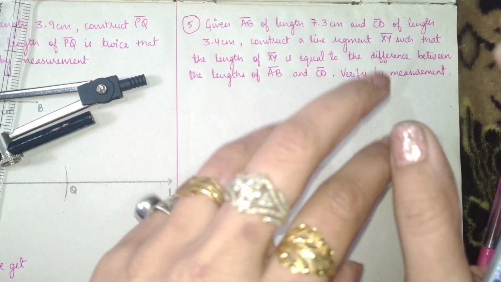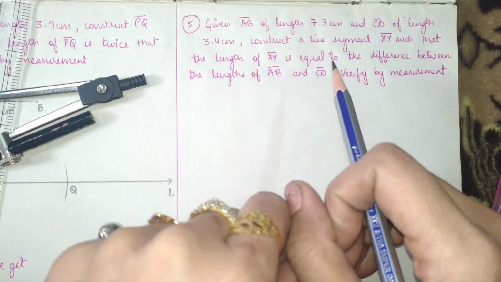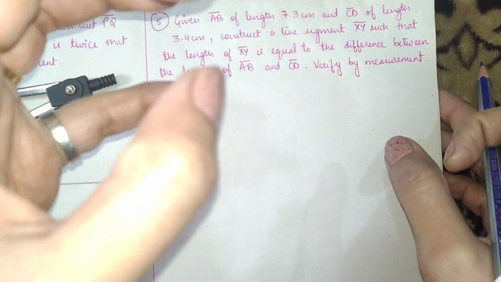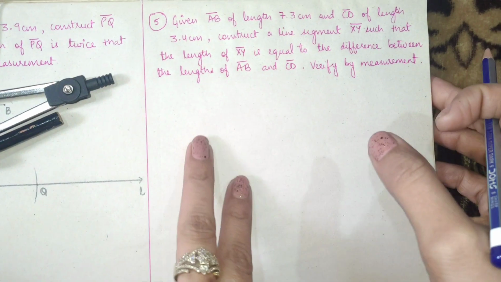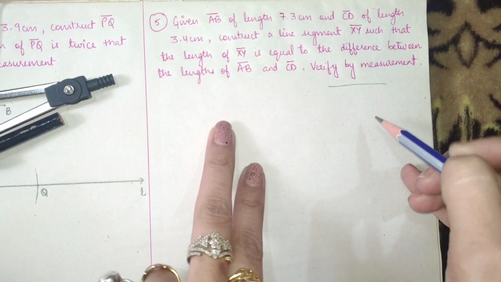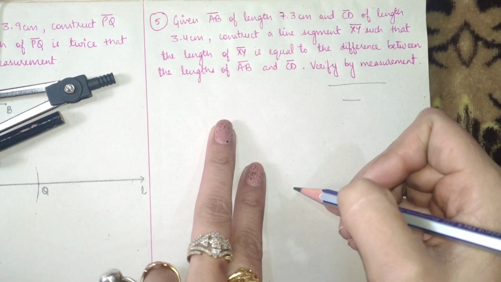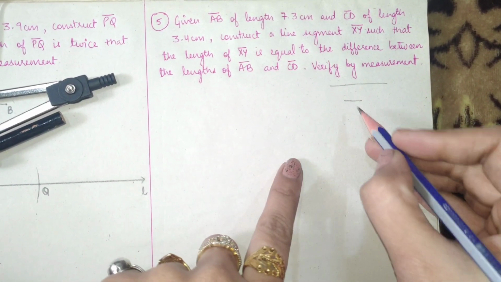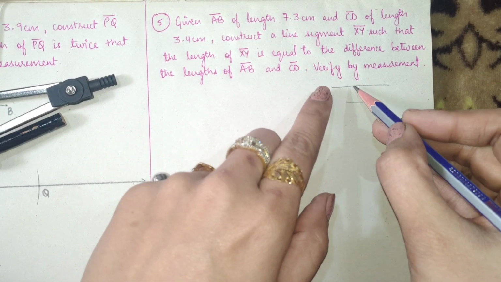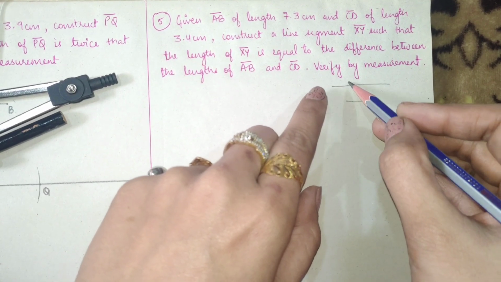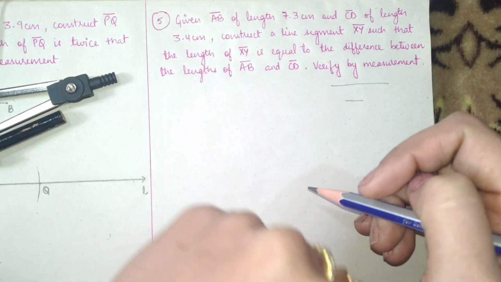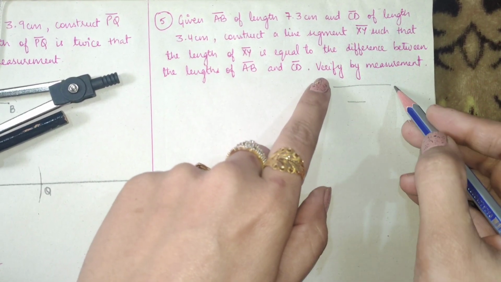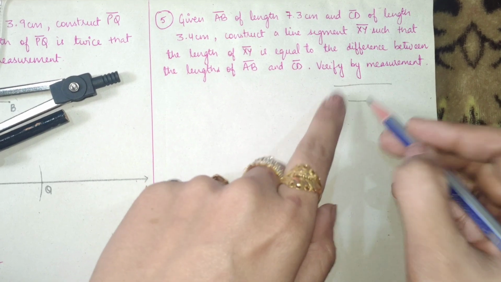So this is kind of opposite to what we did in question 4. First we'll try to figure out what we have to do in this question. AB is given, CD is also given, okay. Now you have to construct XY such that its length equals the difference of these two. So suppose we drew AB, and this is CD.